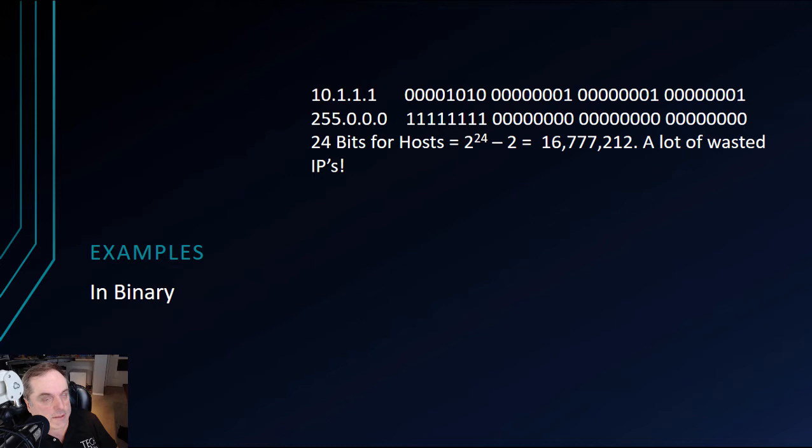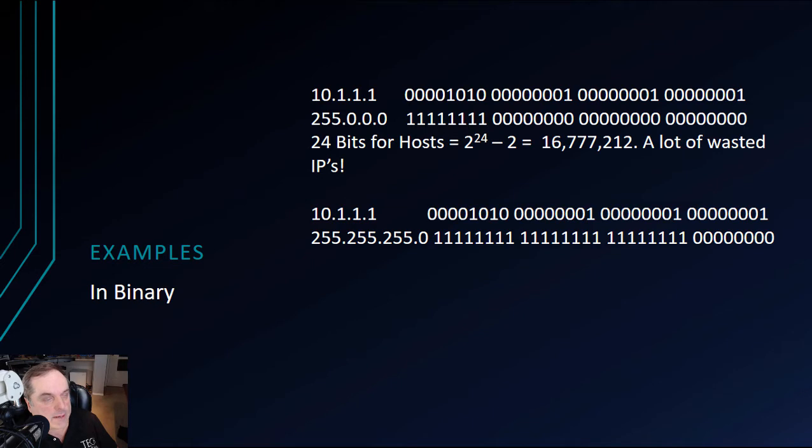That shows that we have over 16 million addresses, and most of those are wasted. They're not being used. So then we change over to a Class C type of subnet mask using a Class A address. We basically just stripped the class out of it.